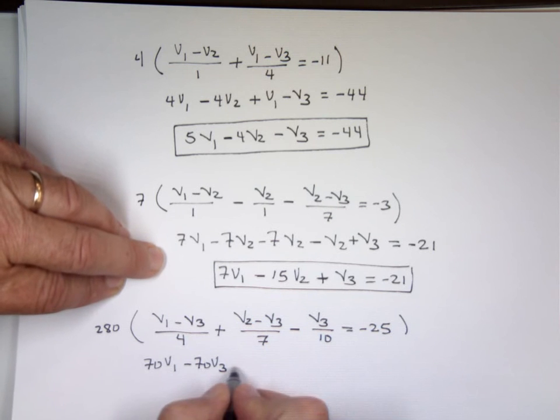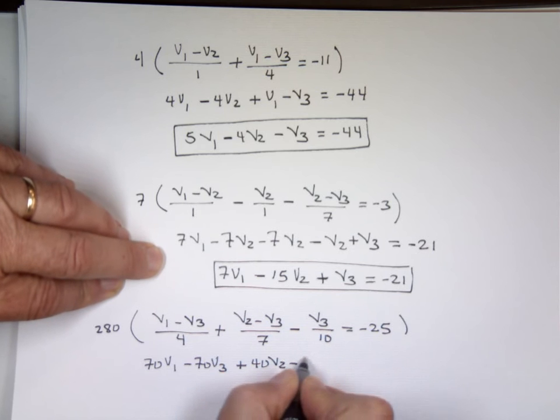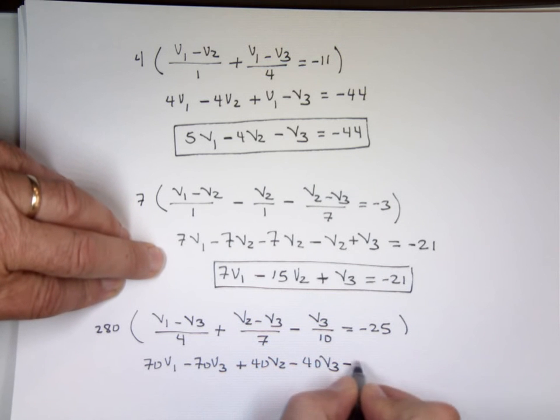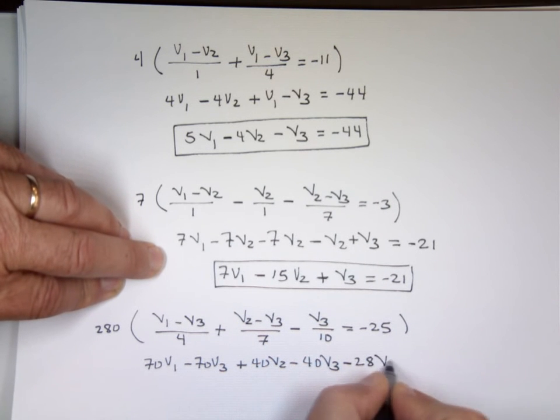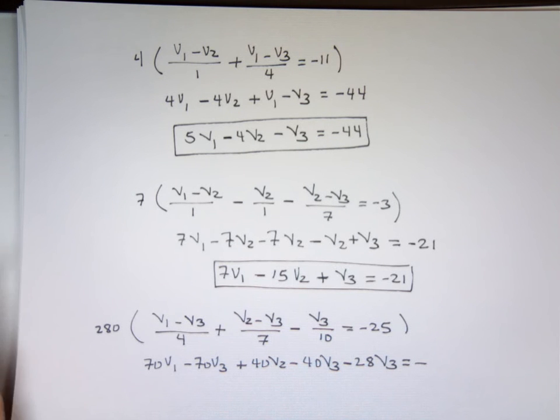Plus 40V2 minus 40V3. And that's 28V3 equals negative, big number. What's 280 times 25? 7,000?